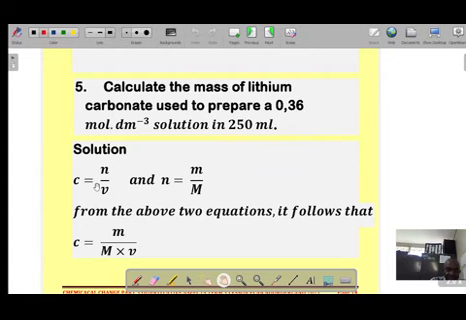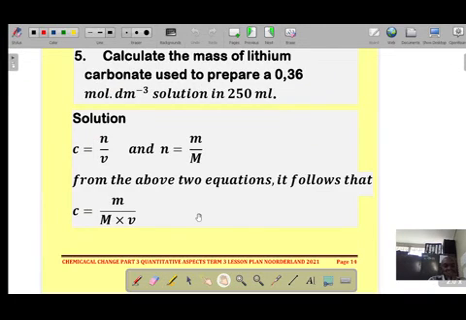So C equals N over V. What about N? N equals mass over molar mass. So if I combine these two equations, I get C equals mass divided by molar mass times volume. Ne? Let us proceed here.